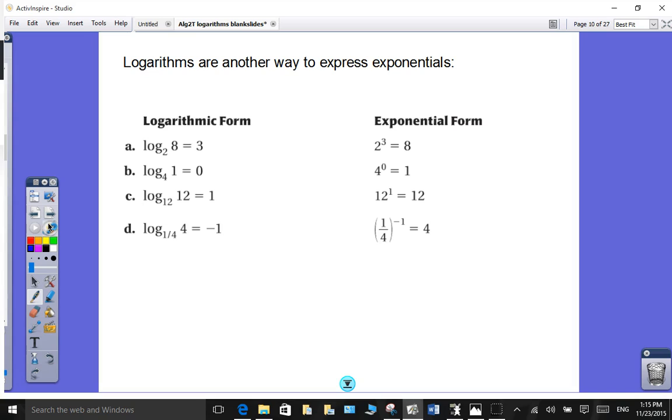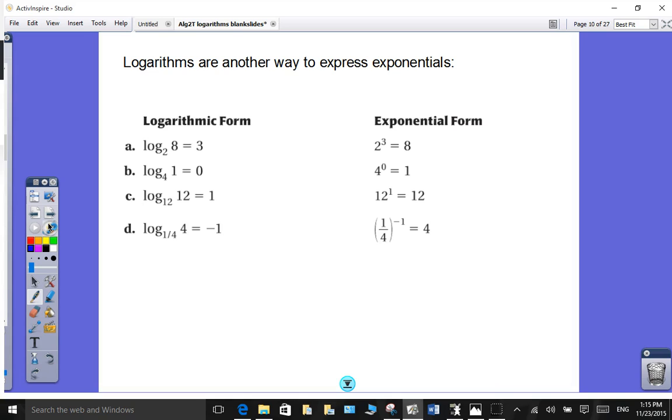Now, compare that with the exponential, which it's associated with. The base of the logarithm equals the base of the exponential. 2 and 2, right? Next one, 4 and 4. 12 and 12, 1/4 and 1/4. The base of the logarithm equals the base of the exponential. Remember what I said at the beginning: logarithms are exponents.